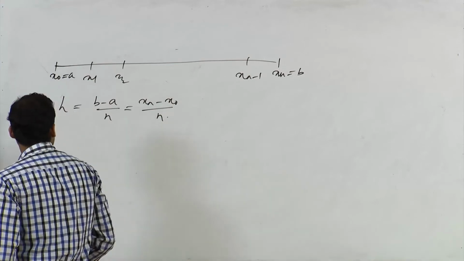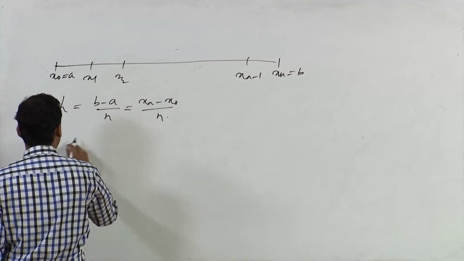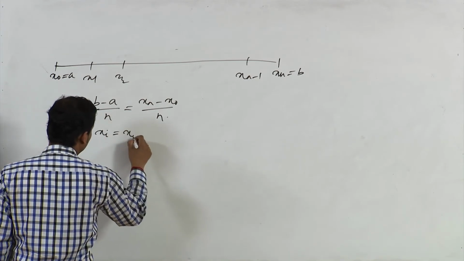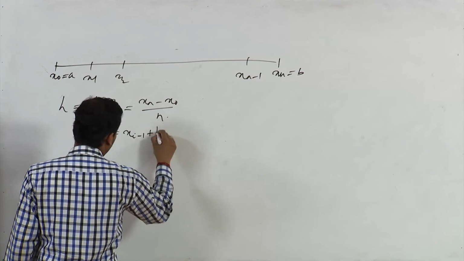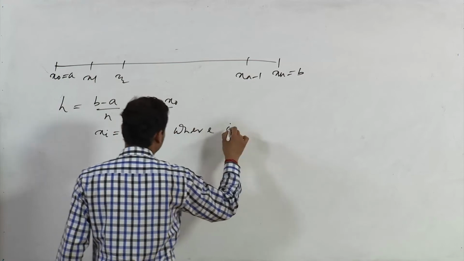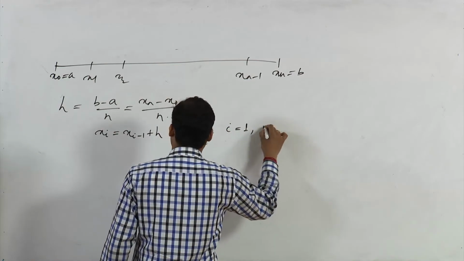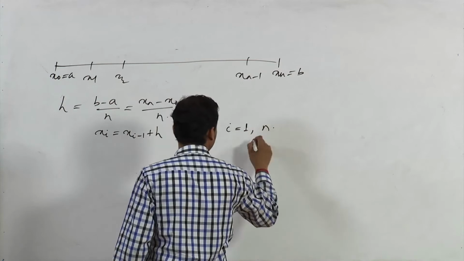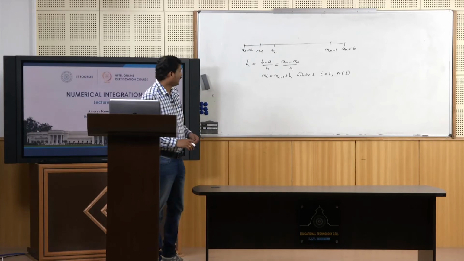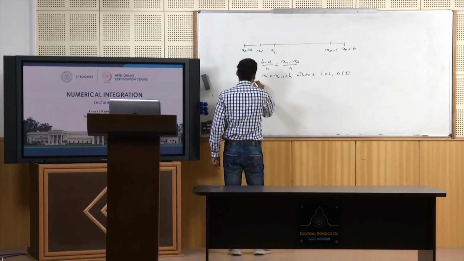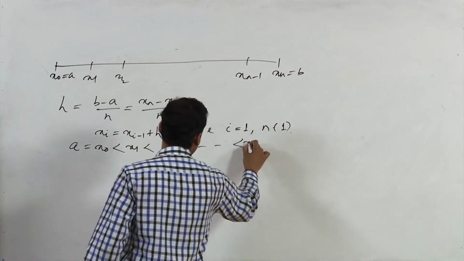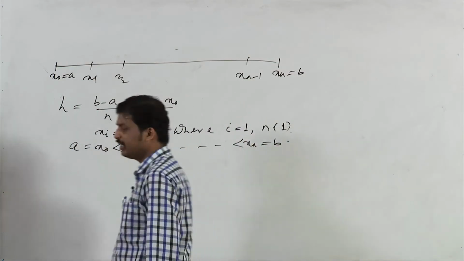And since the points are equispaced, we can write xi equals xi minus 1 plus h, where i varies from 1 to n, incremented by 1. We can define these points as a equals x0 less than x1 up to less than xn equals b.